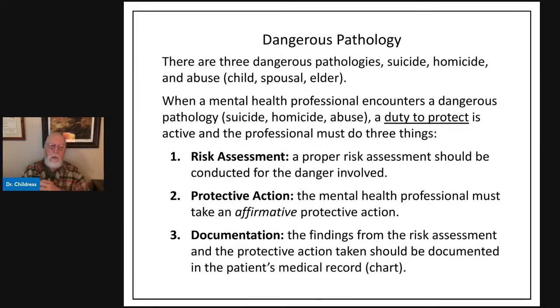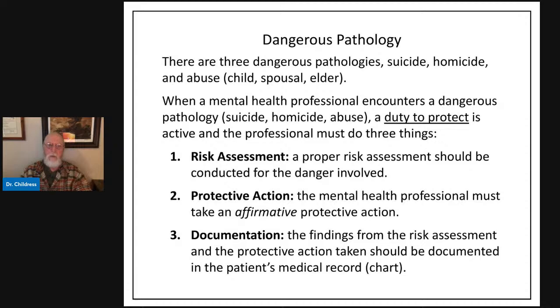First, the mental health professional must conduct a proper risk assessment personally or ensure that a proper risk assessment is conducted to the danger that's involved, either suicide or abuse or homicide risk. The second act that they must take is some sort of protective action, an affirmative protective action.